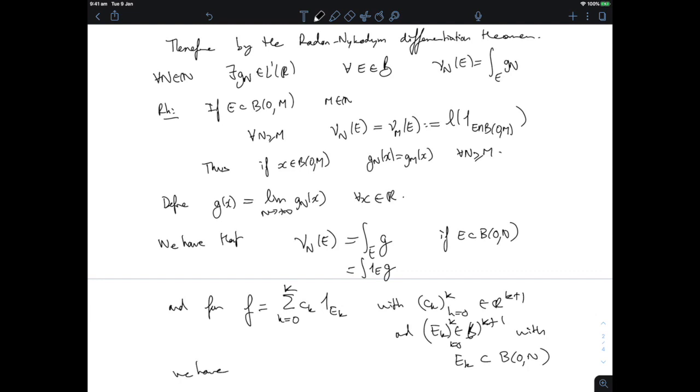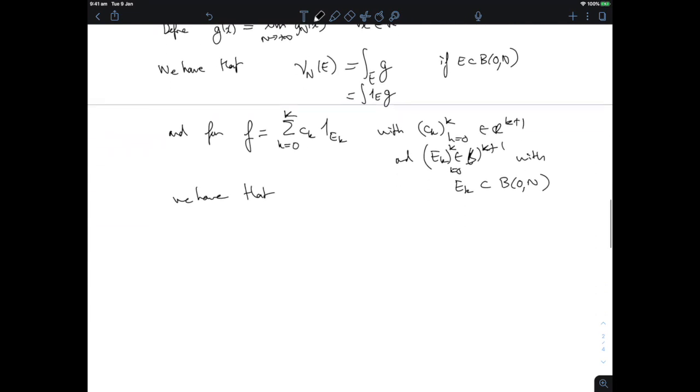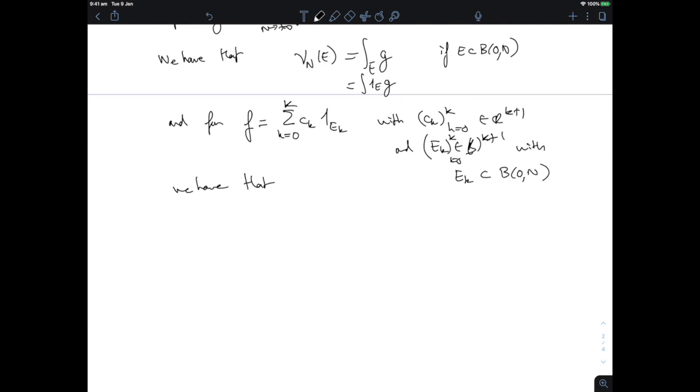We have that L of f, because it's a linear combination of indicator functions, is going to be the sum of the ck nu of Ek, which is the same thing as the integral of f times g, k equals 0 to capital K. So our L is really an L little g, at least for simple functions that are included in a bounded set.